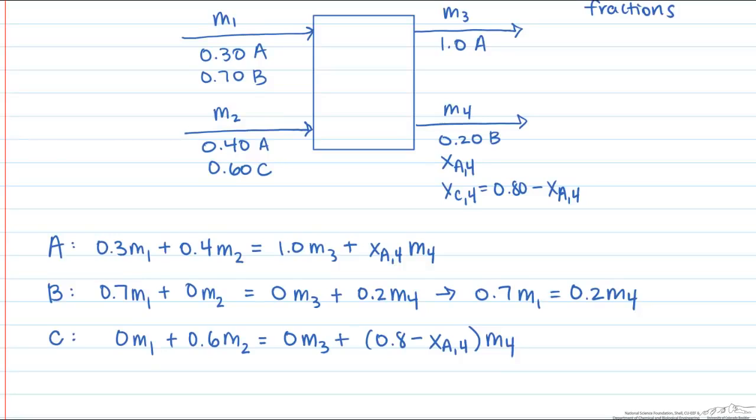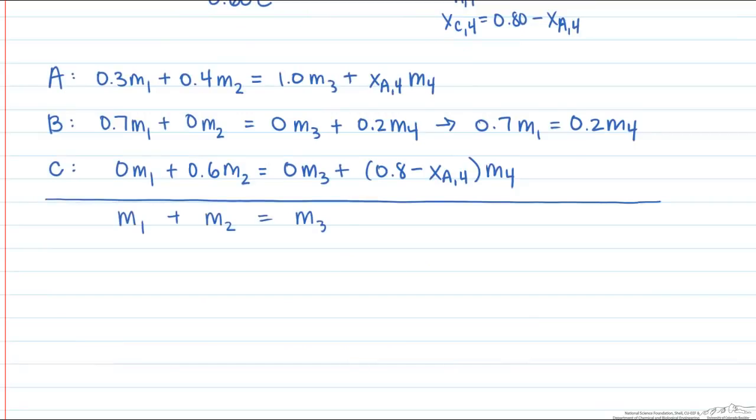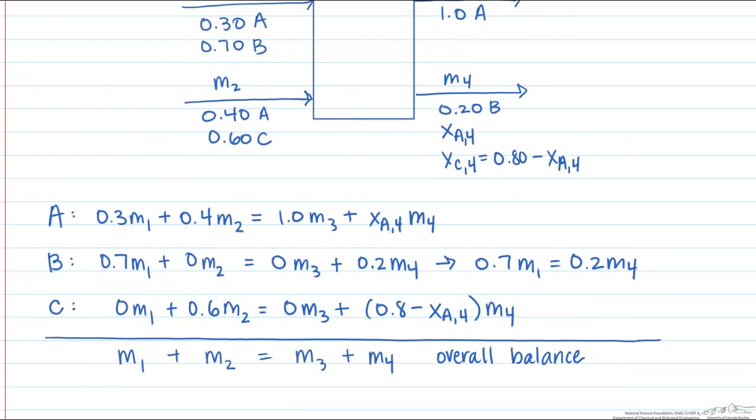Let's see what happens if we add them all together. So note, when we add them all together, what we get is the overall balance. So we can only use 3 out of these 4 equations to solve our system.